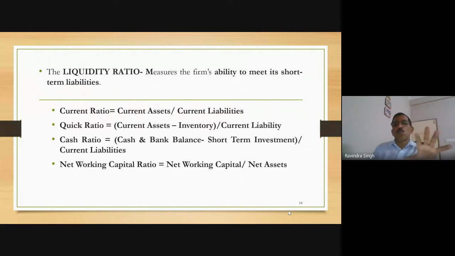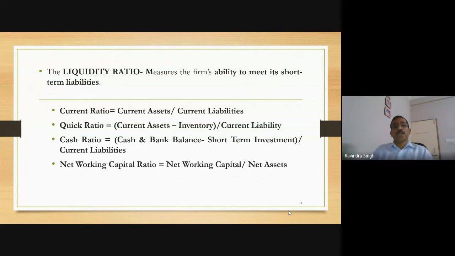Liquidity ratio. This is the most important ratio from the investor's point of view. Those who don't want to take a risk at all, they should go with this. Current ratio, it has four different ratios. You can calculate with the balance sheet and audit report taking these parameters.